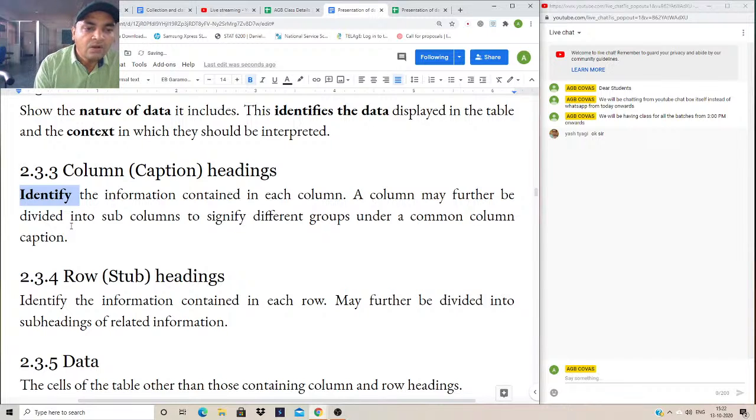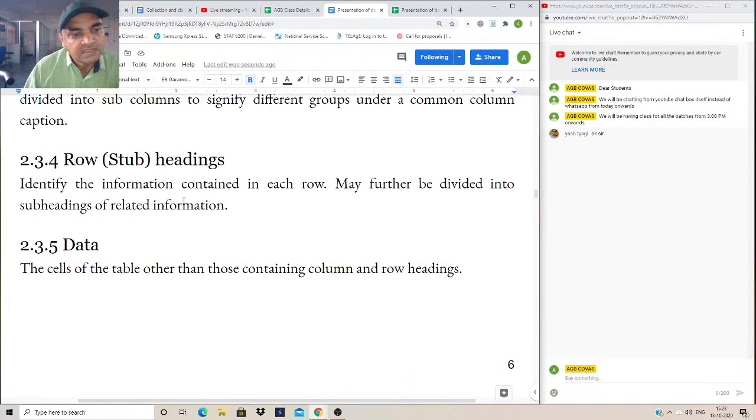A column may be further divided into sub-columns to signify different groups under a common column caption. That is, a particular column can further be divided into sub-columns, in which further grouping can be done inside a table itself.